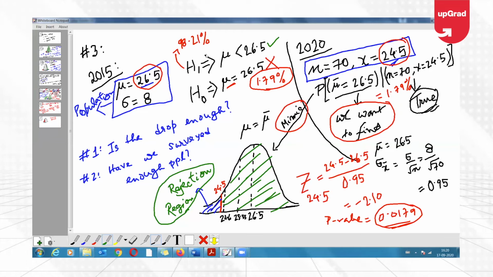Or rather we can say that we are 98.21% sure that people are watching less TV, but this number is so high, you can actually pass it as a judgment. We can say that people are watching less TV.